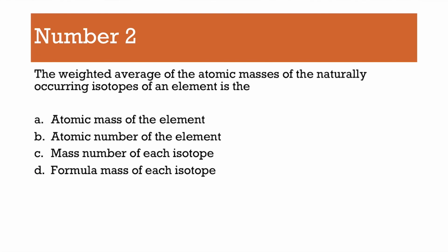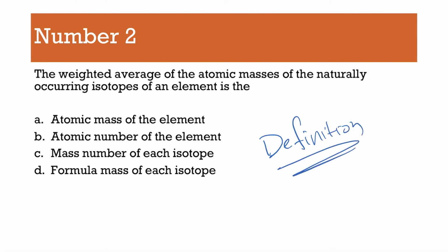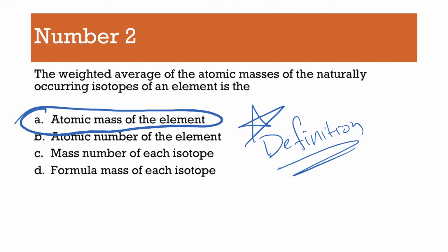Moving forward, number 2. Number 2 says the weighted average of the atomic masses of the naturally occurring isotopes of an element is D. This is a straight definition question. An important definition, I should say. So one of the reasons you calculated the average atomic mass, or the weighted average, that gave you the atomic mass of the element.